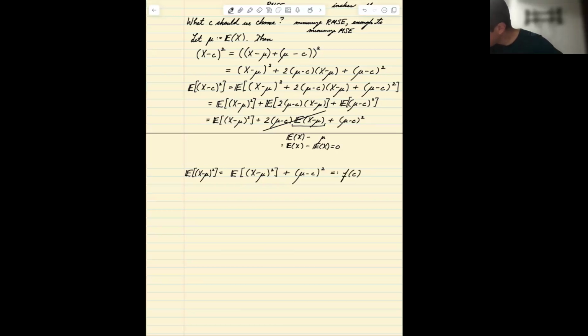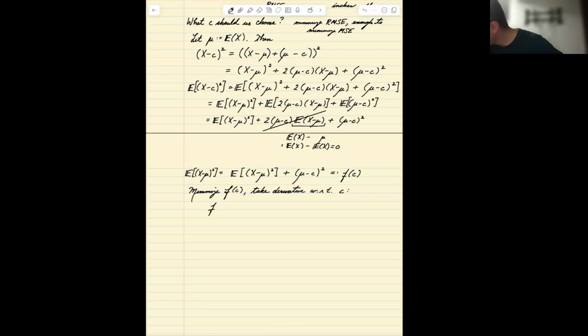And to minimize f of c, take the derivative with respect to c.